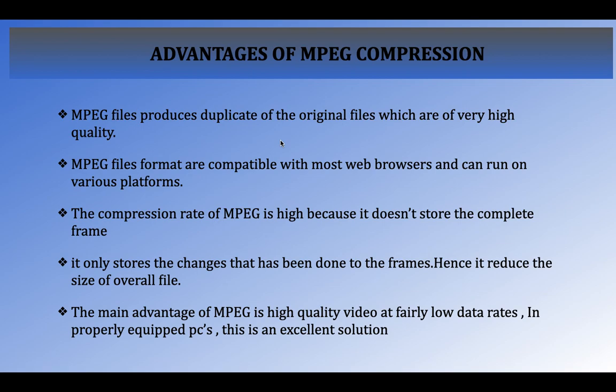And the compression rate of MPEG is high because it doesn't store the complete frame, and it only stores the changes that have been made to the frames. Hence, it reduces the size of the overall file. So basically the main advantage of MPEG is high quality video at fairly low data rates. In properly equipped PCs, this is an excellent solution. So these are the advantages of MPEG compression.